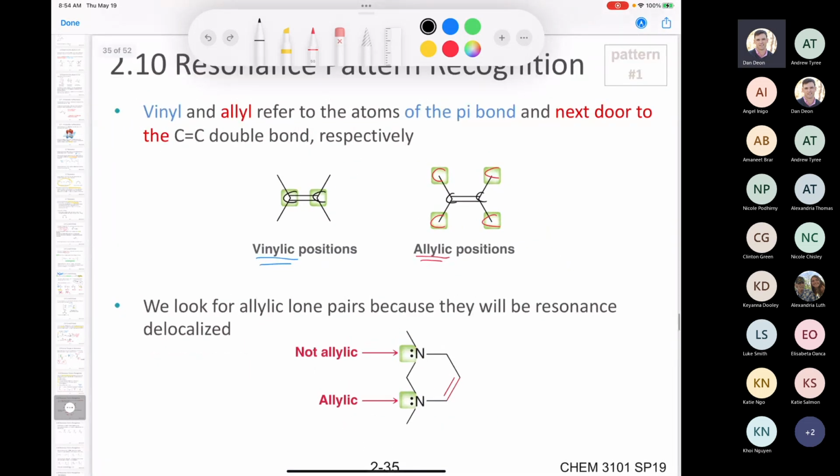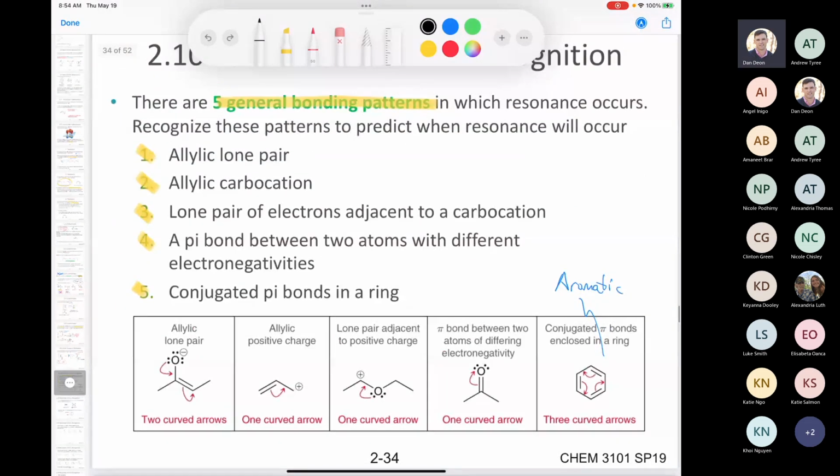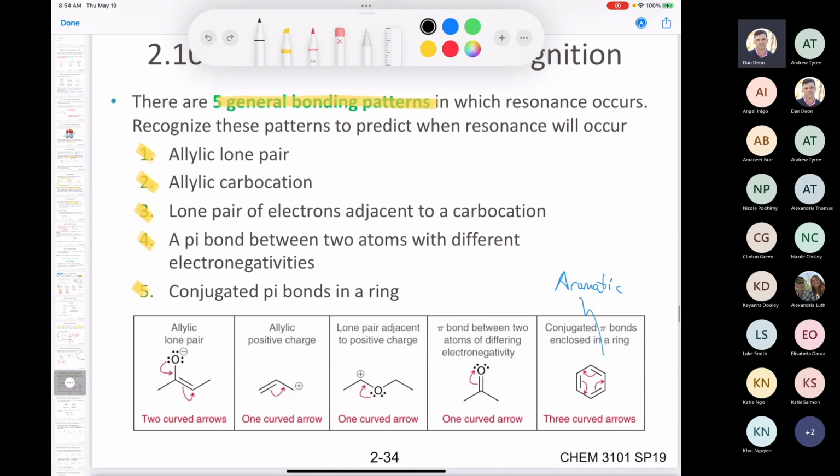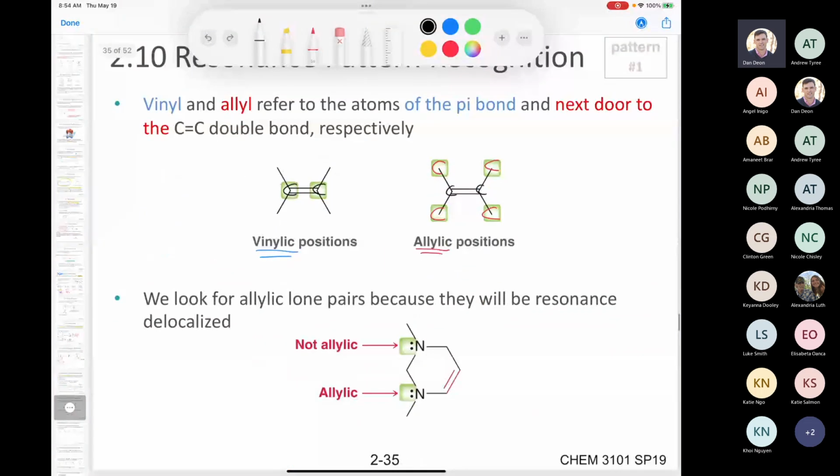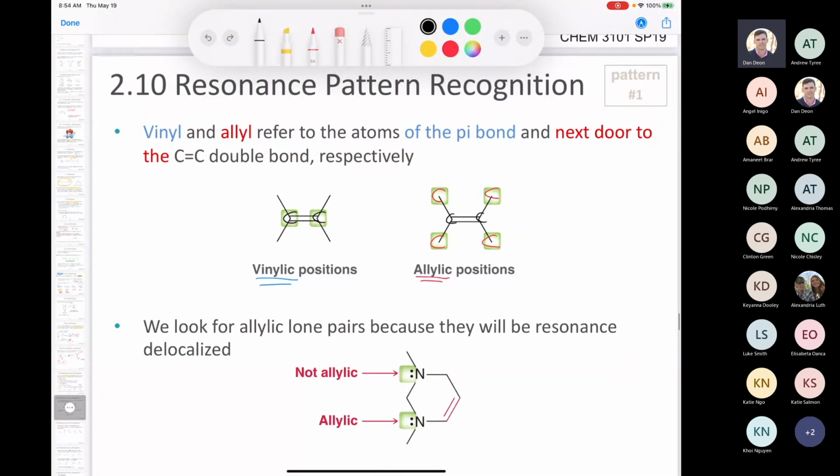And if you remember, it says here that you've got to be able to recognize an allylic lone pair. So what's an allylic lone pair? Well, we just talked about what an allylic position is. And if there's a lone pair on an allylic position, then we can draw a resonance structure. Take a look at this molecule right here. You can see that we have a double bond right here, but what's an allylic position?